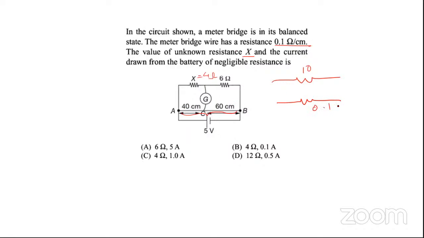So the total resistance will be 0.1 into 100, that is 10, and 10 and 10 in parallel will become 5 ohms, and 5 ohms with 5 volts of battery will give me I equals 1 ampere. Alright, so 4 ohms and 1 ampere, so C will be my right answer. Alright, clear to everyone?